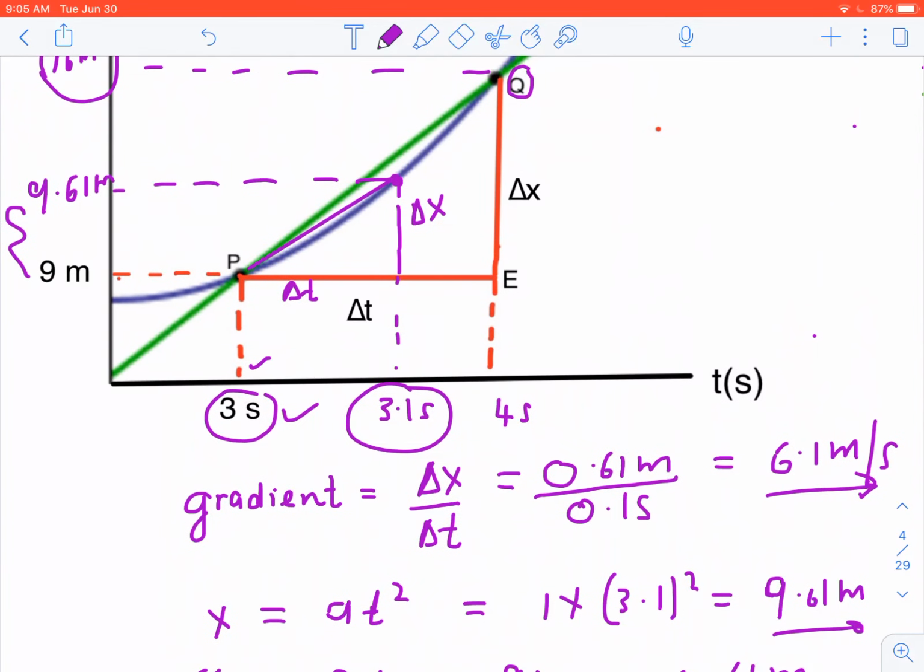So as you can see, as this is getting closer and closer till we get to point P where we have a tangent, we then need to determine the slope of that tangent. Now, what I've done here is I've just illustrated how the gradient of that chord is slowly changing as it's approaching the slope of the tangent.